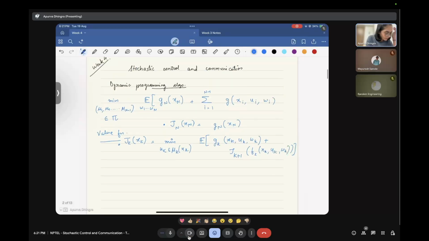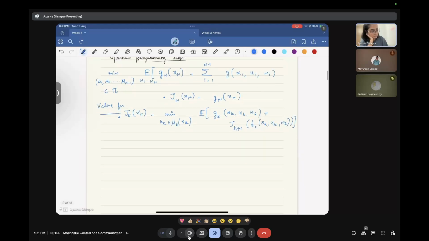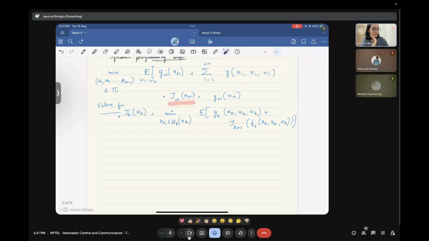Okay, so the first step in this algorithm is we're just going to look at whatever is the terminal cost, and that gives us what we're calling the value function of the terminal cost. That part is straightforward. Then we go one step ahead.